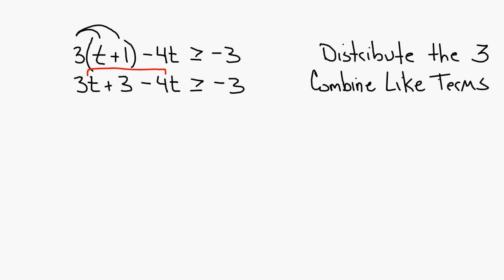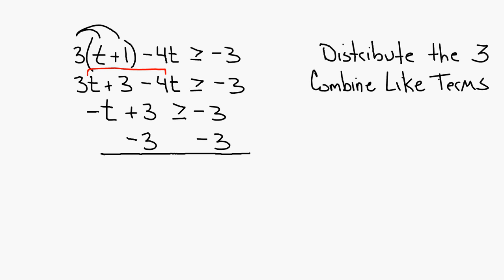And when you combine 3t minus 4t, you get a negative t. And then you rewrite the rest of the inequality. So plus 3 greater than or equal to negative 3. You can now subtract 3 from each side. So negative t is greater than or equal to negative 6.